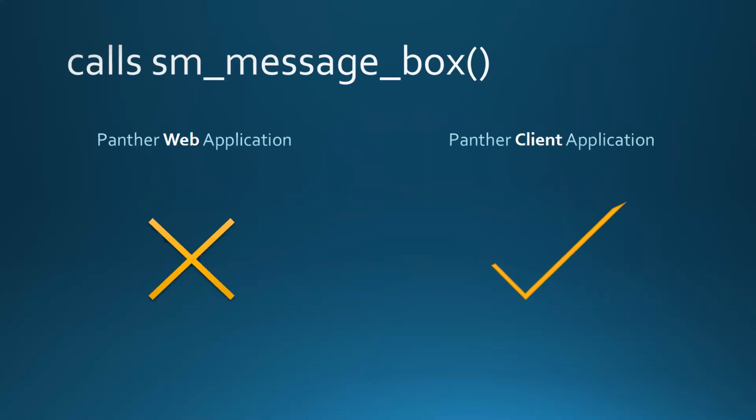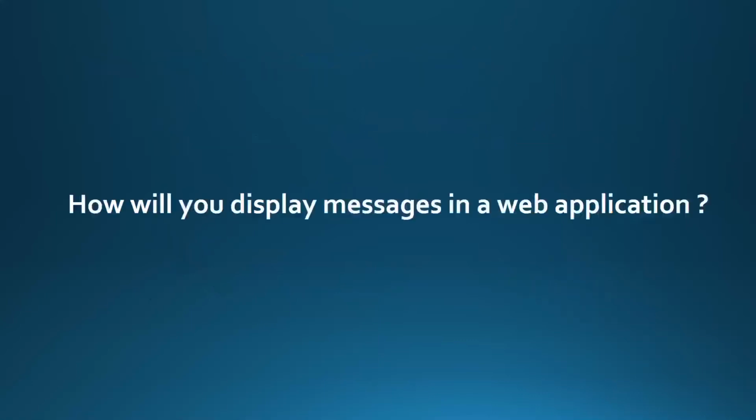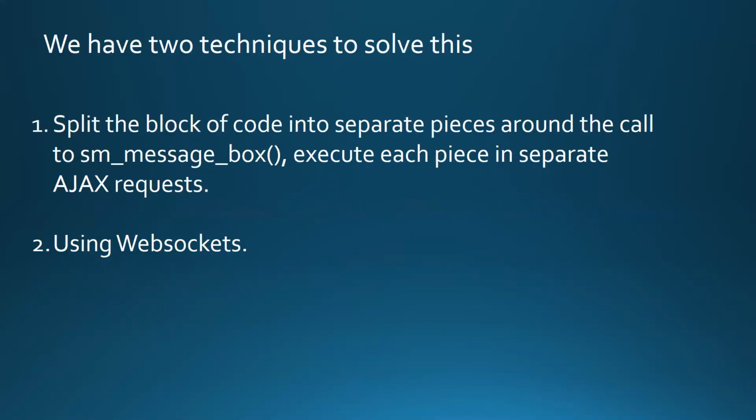So now the question is, how will you display your messages? The answer is, we have two techniques to solve this problem. The first technique is to split the block of code into separate pieces around the call to SM message box, such that each piece can be executed by the J server in separate AJAX requests.